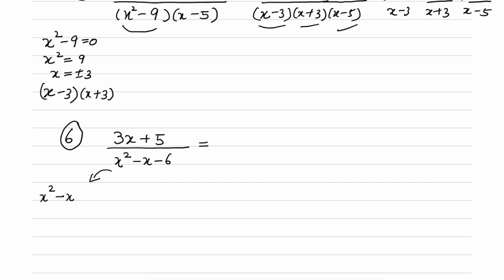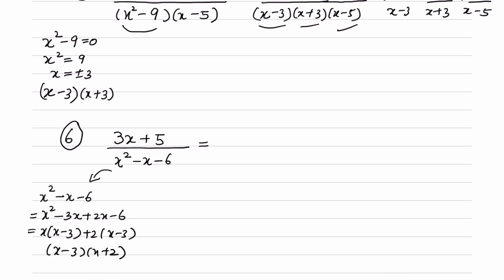So x square minus x minus 6 could be written as x square minus 3x plus 2x minus 6. From the first two terms, x is common, and from the last two terms, (x - 3) is common. So we know that x square minus x minus 6 could be factorized as (x - 3)(x + 2).